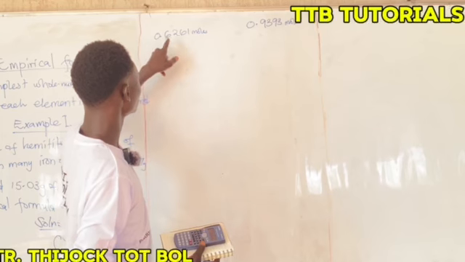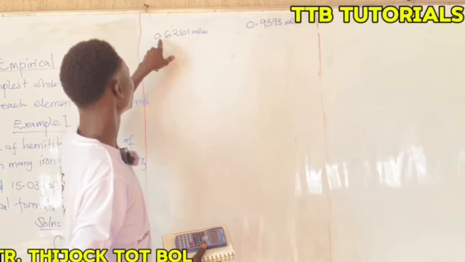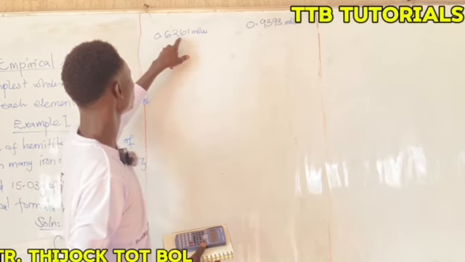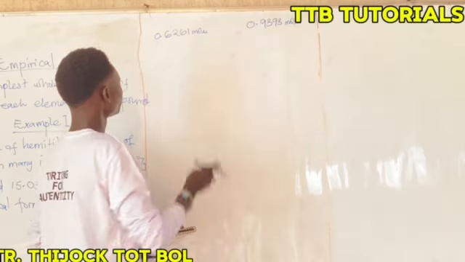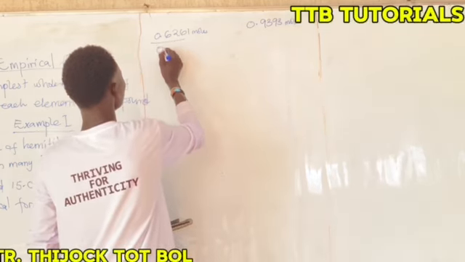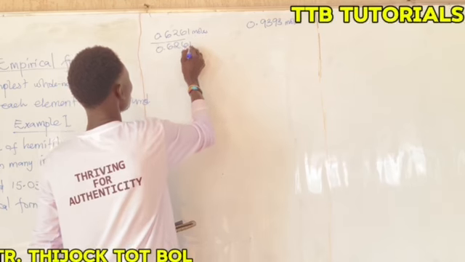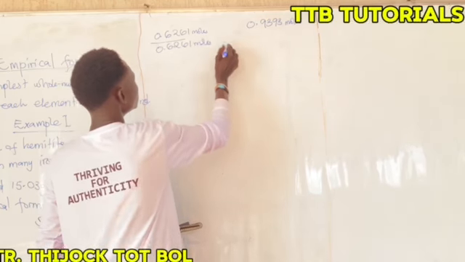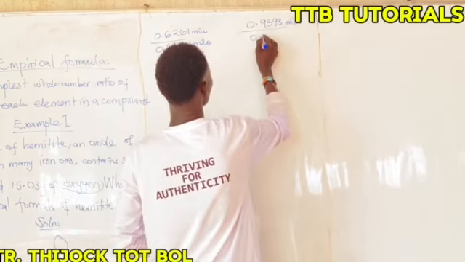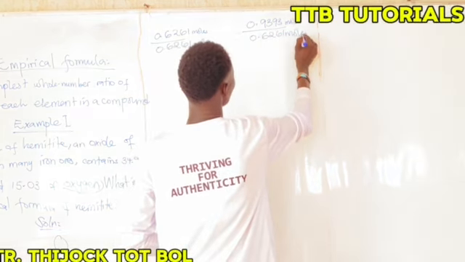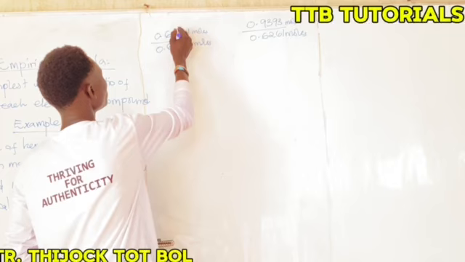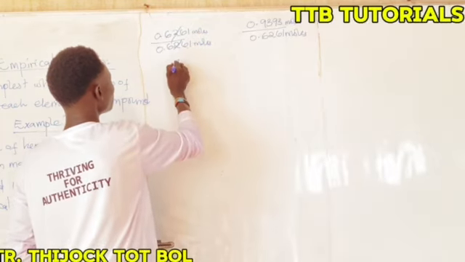The smallest moles is 0.6261. So we are going to divide everything here by this. So here we divide 0.6261 moles by 0.6261 moles, and we get 1.